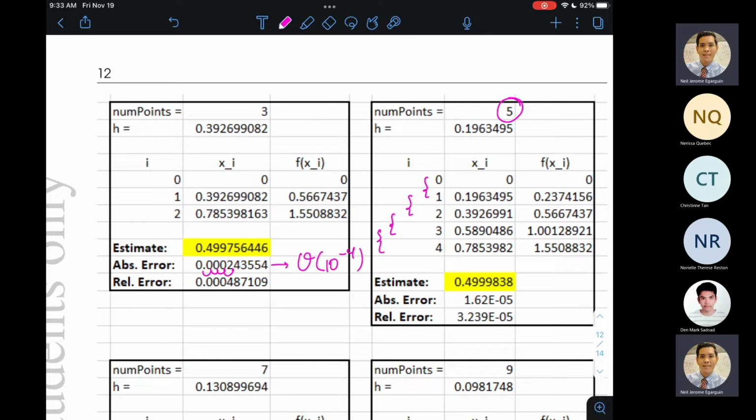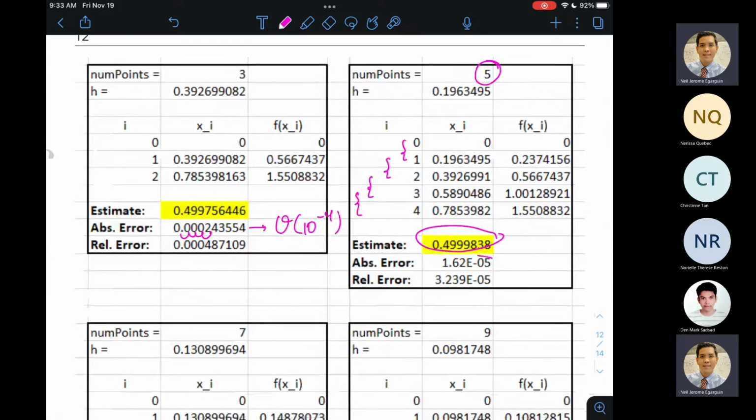Apply the composite Simpson's rule that will give us an approximate which is very close to the actual value to the point na yung absolute error ay order 10 to the negative 5 na lamang. Okay? And let's see if that is true to what we expect. So yung step size dito ay 0.39.